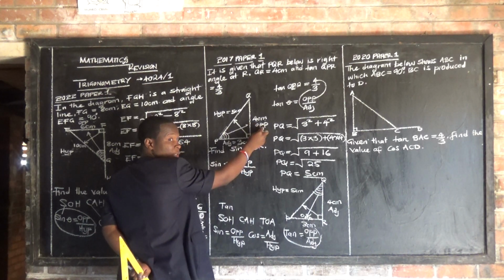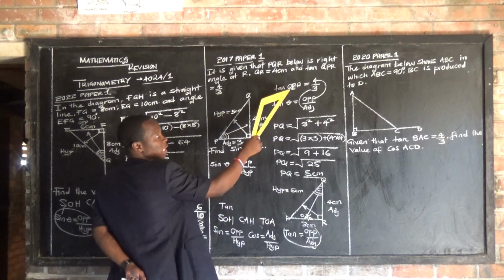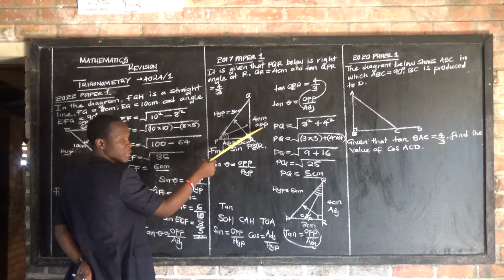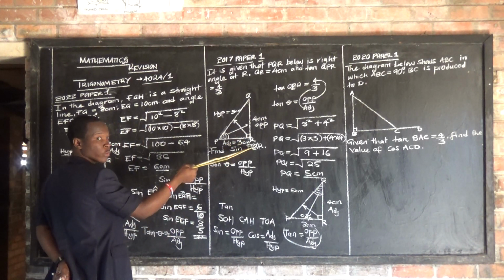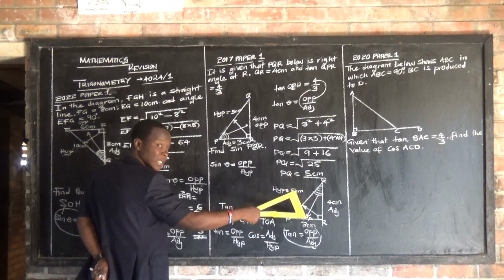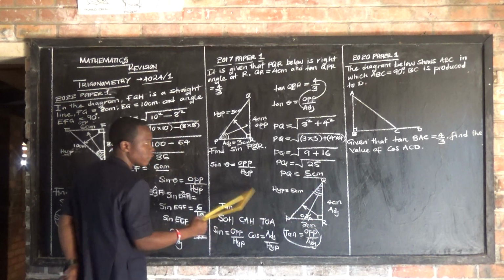You've seen that? That is in our first case, because the angle was angle P. But in our case, we want angle Q. So this is angle Q, and the side opposite to angle Q becomes the opposite. Are we together? So we're going to consider this triangle for this question.